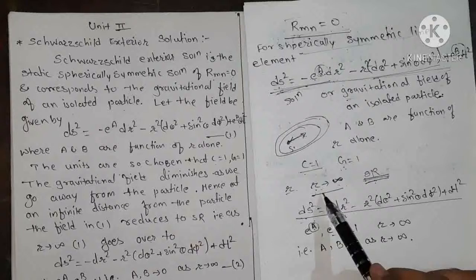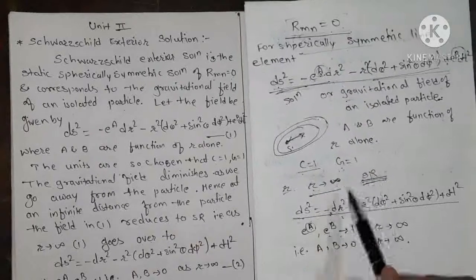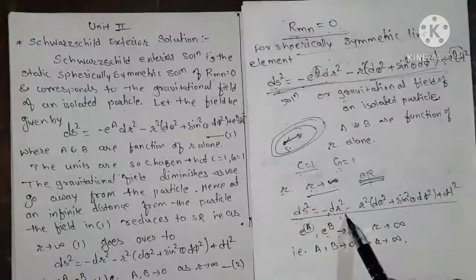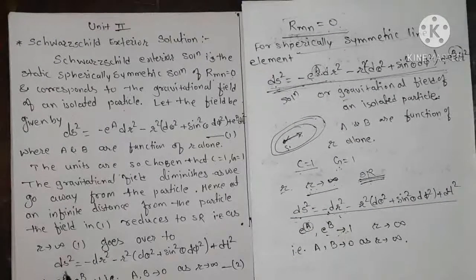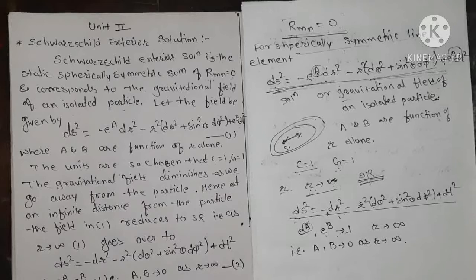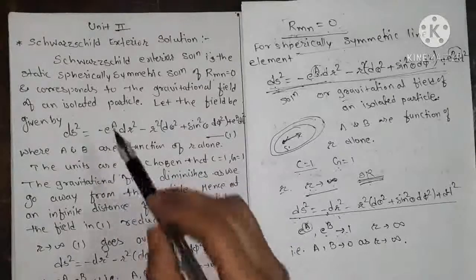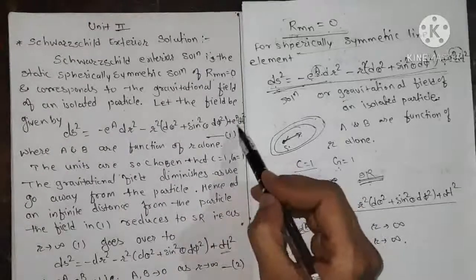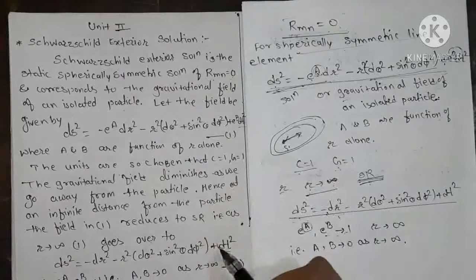As r tends to infinity, our gravitational field diminishes or reduces. So when r tends to infinity, the gravitational field in this equation reduces to that of special relativity. So by comparing the two line elements, we get e to the power a, e to the power b. Comparing dt square, the coefficient e to the power b is 1.